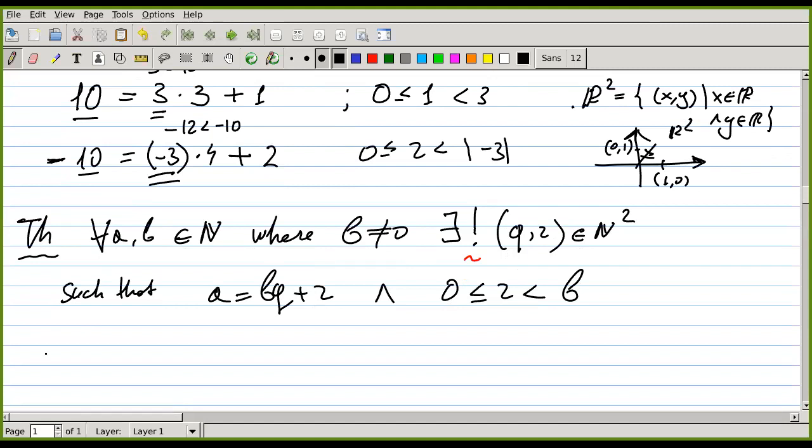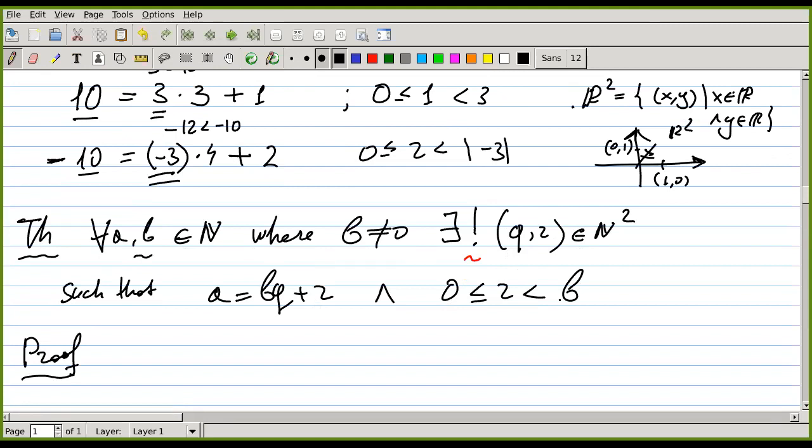Maybe the module of b. Not module, because by the way, it's usually called absolute value. We will use the word module or modulus for some other idea.